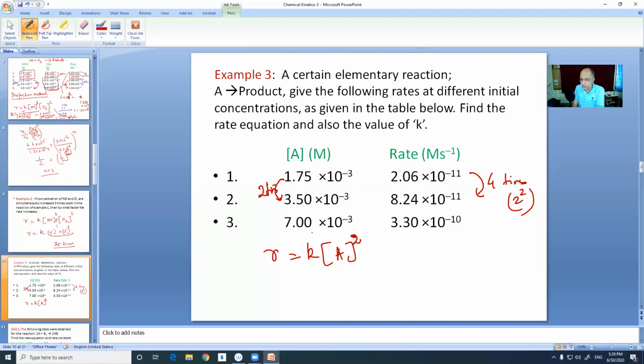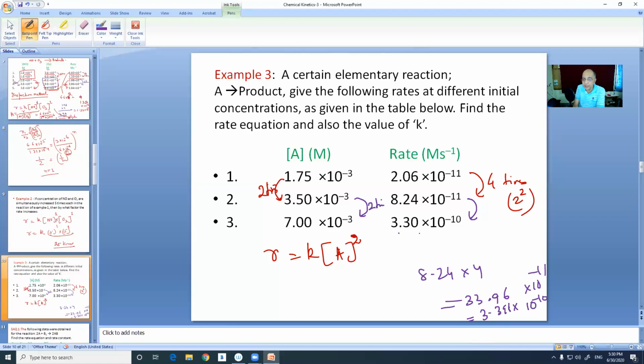You can check also. From this to this, again there is an increase of 2 times, from the second data to the third data. You will find there will again be an increase by 4 times. If you multiply 8.24 into 4, this will be 33 into 10 to the minus 11, that is 3.396 into 10 to the power minus 10.